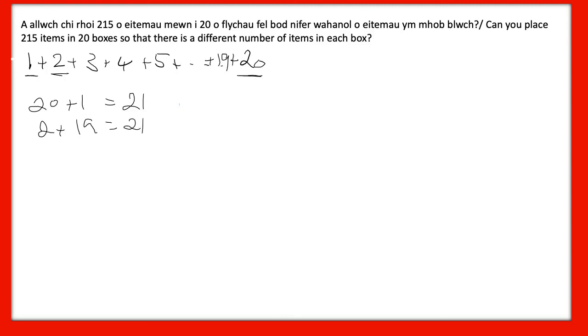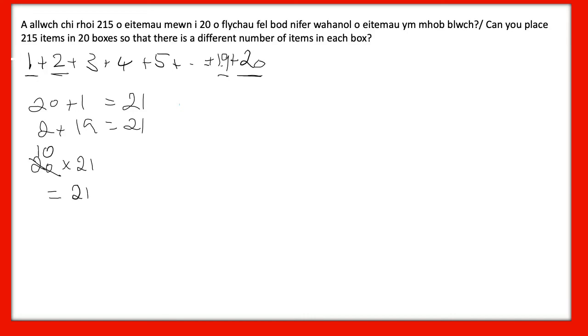So if I pair up my numbers, I'll get 21 each time. Well, if I've got 20 numbers, how many pairs have I got? So I've got 20 pairs of 21. But I haven't got 20 pairs. I've only got half that, 10 pairs of 21.